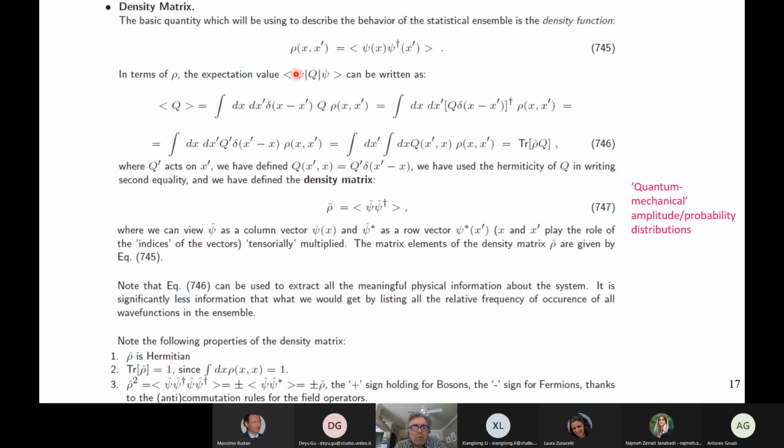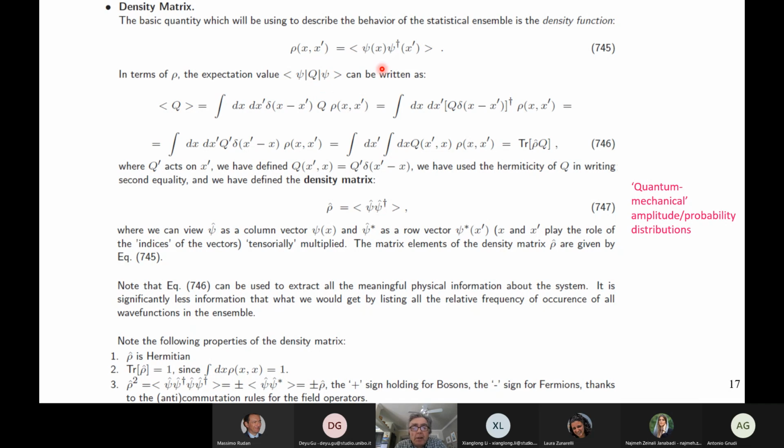In terms of the expectation value of rho, so in terms of this density matrix, we can write the expectation value of a quantity. Again, this expectation value is what we have in conventional quantum mechanics. We just take the sandwich of my observable Q. I would have to put a hat here, meaning it's an operator if I work in first quantization, and I take the diagonal matrix element of this object, right?